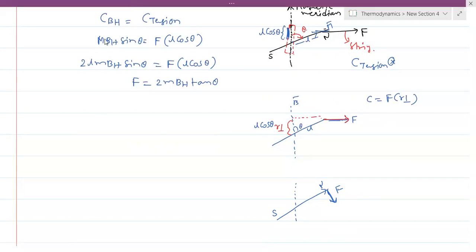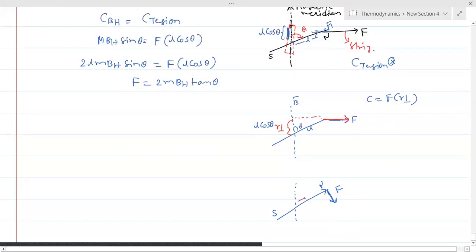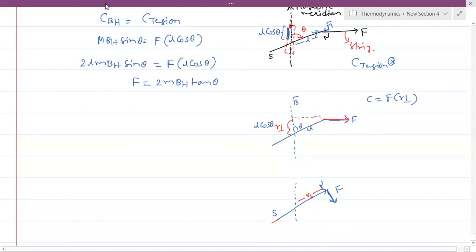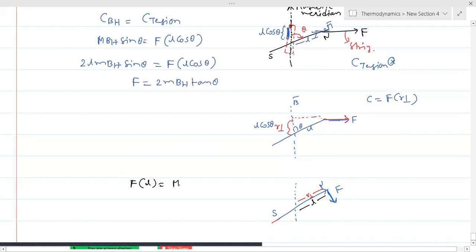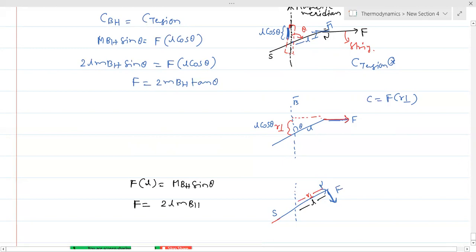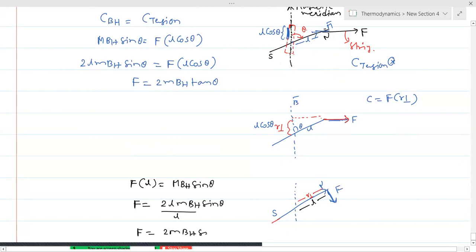So now again we take the perpendicular component of the force. This will be the perpendicular component. So we already know that its value is L. So in this case, force into perpendicular distance is L equivalent to MBH into sin theta, or F equivalent to 2LMBH sin theta by small l, or F equivalent to 2MBH sin theta.